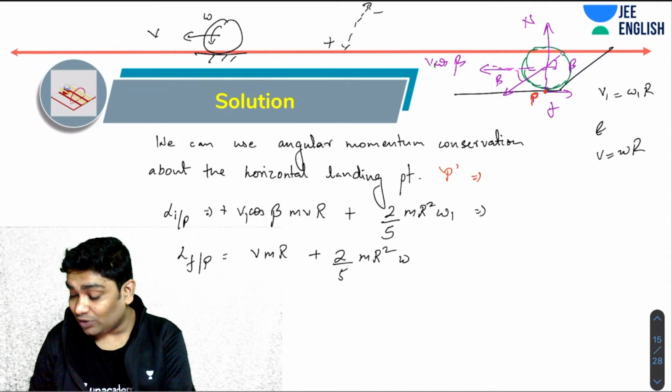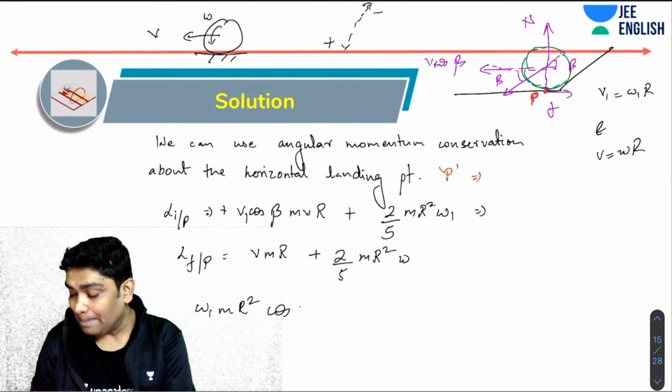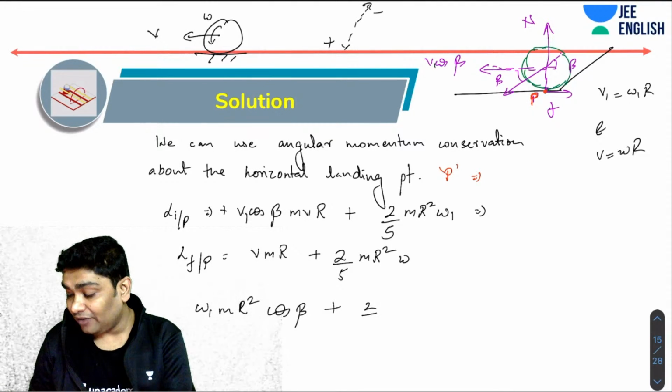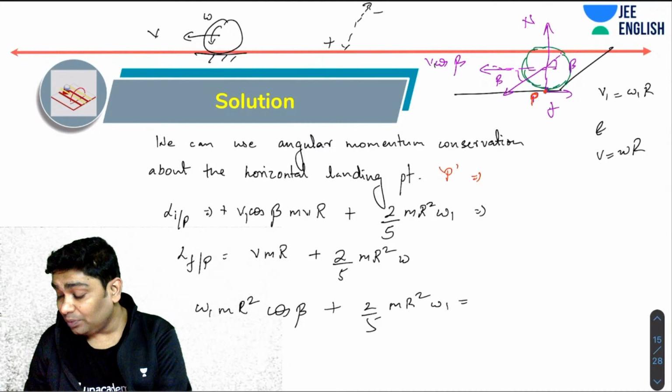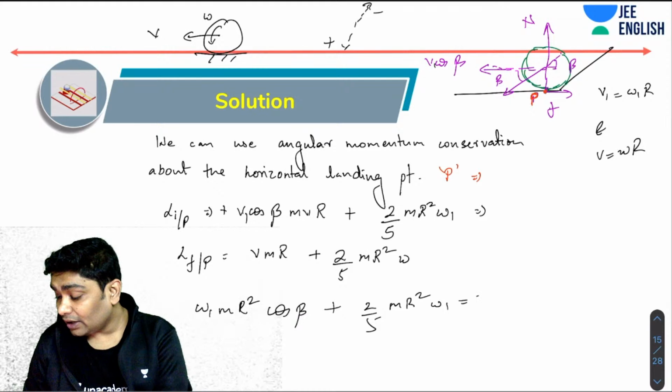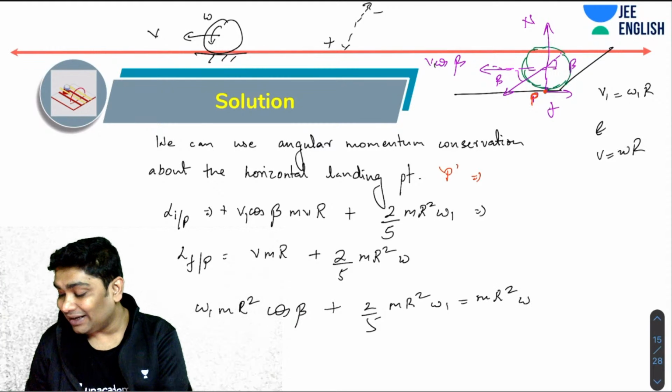So let's see what I get. I will get omega 1 m r square cos theta plus 2 by 5 m r square omega 1, and this should be equal to m r square omega times 7 by 5.